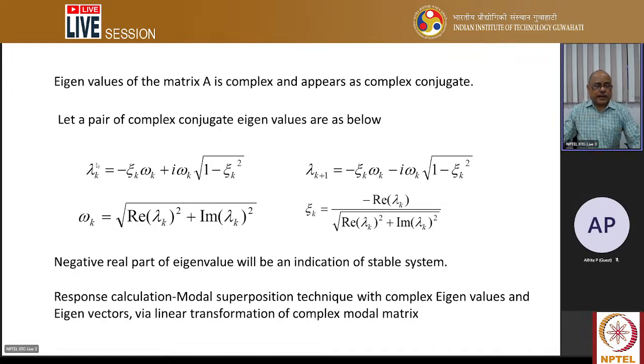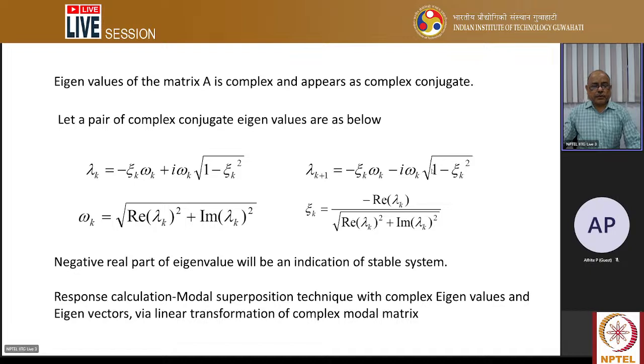Say lambda k is an eigenvalue which is given as minus xi k omega k plus i omega k root over 1 minus xi k square. Similarly, the next value, which is the conjugate of this lambda k, is minus xi k omega k minus i omega k root over 1 minus xi k square.